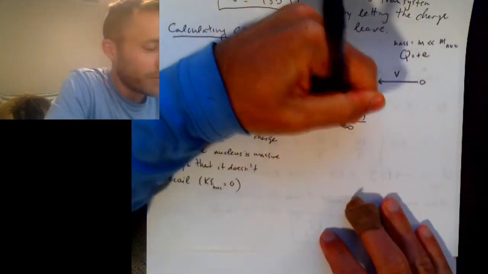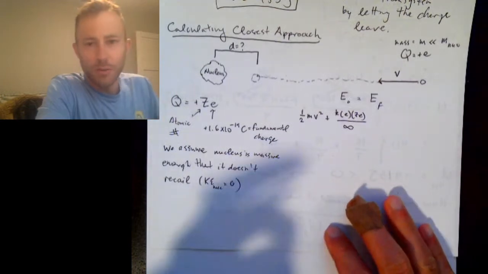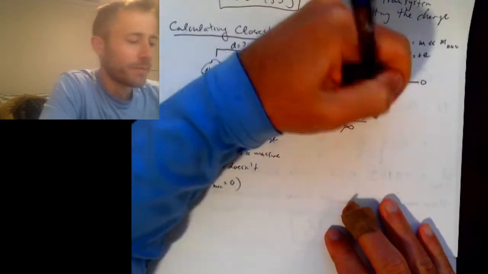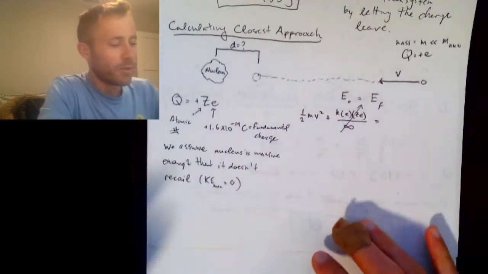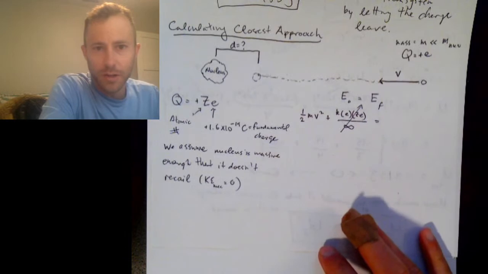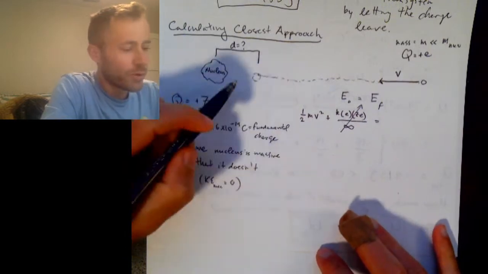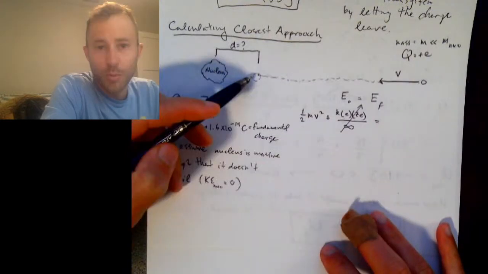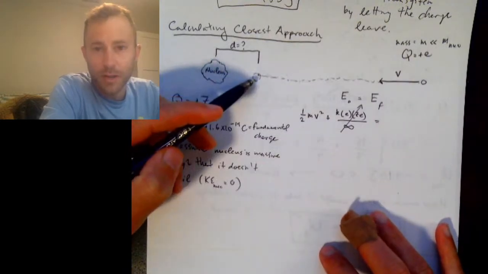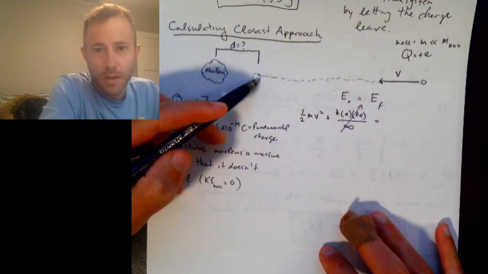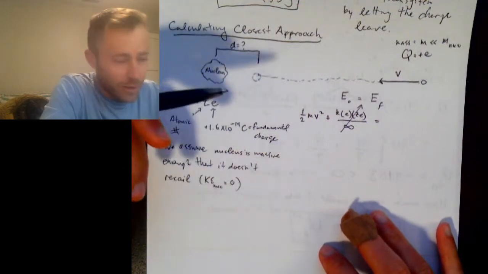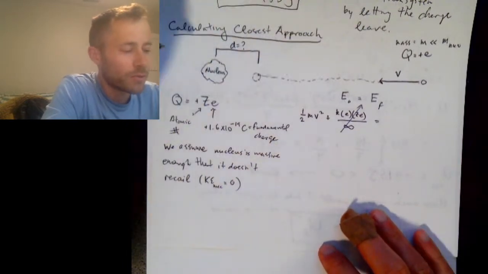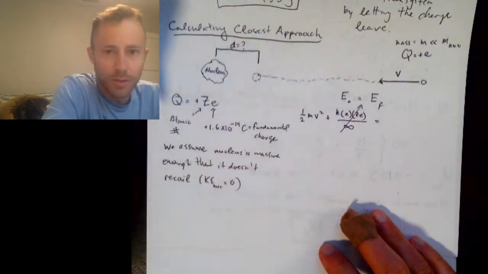They start out an infinite distance apart, so dividing by infinity, this term drops out. And remember, the nucleus is at rest, so it doesn't have kinetic energy. At the closest approach, the approaching particle is momentarily at rest, so we have no kinetic energy there. If we did, it would still be moving closer. So all we have at closest approach is electrical potential energy.